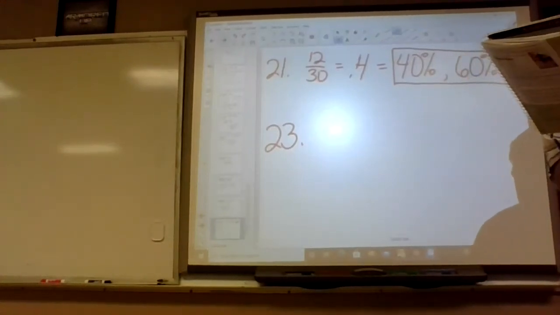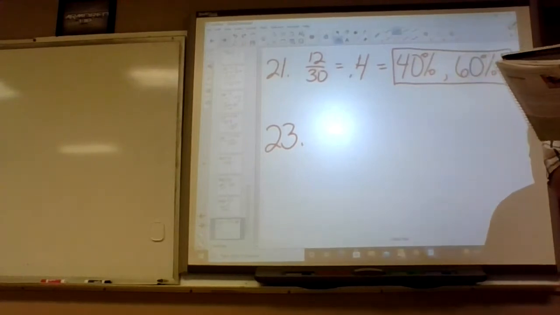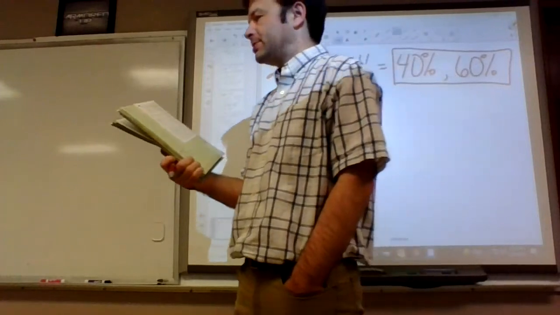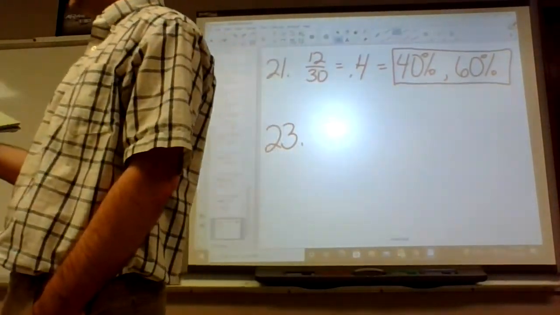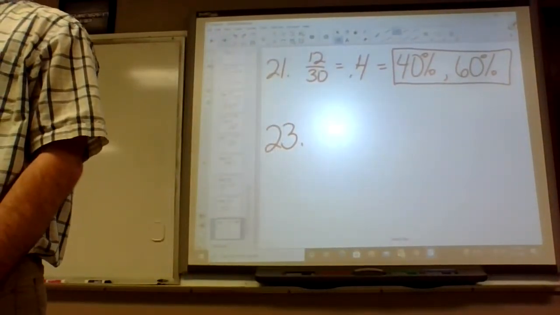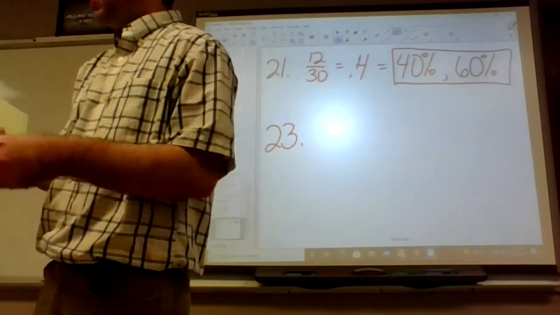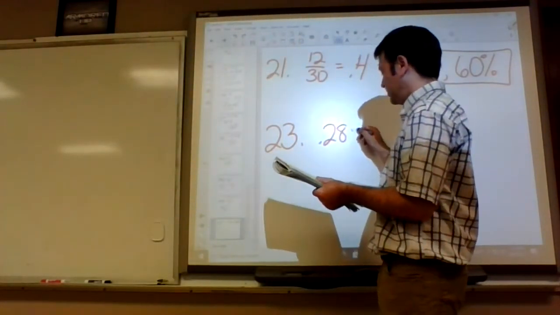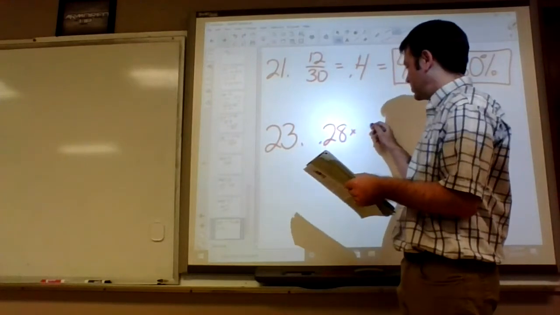23. If 28% of the 842 respondents, okay, right before I even read the rest of the problem, what is that first part saying? 28% times 842, which is 0.28 times 842.